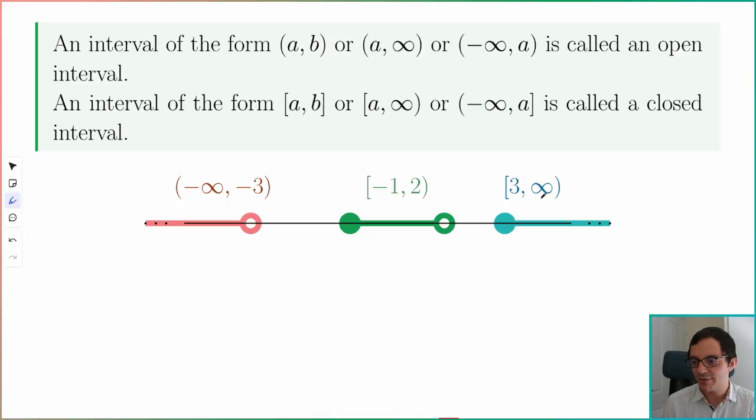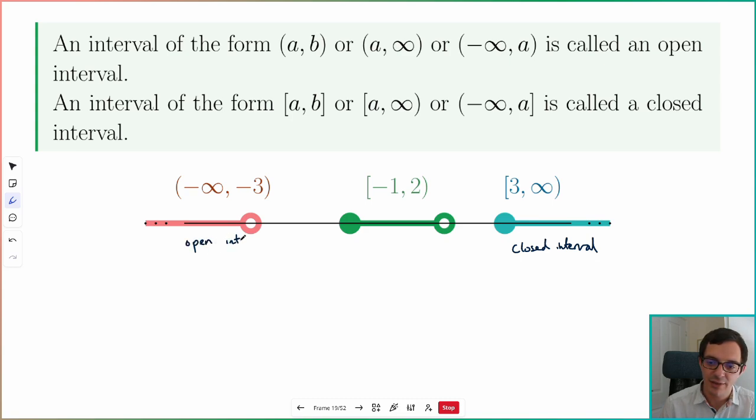So over here I have an example of a closed interval. That happens to be an unbounded closed interval. And over here I have an open interval that happens to be unbounded as well, but I could put minus 10 in here and everything's fine. And in the middle, I'm afraid this is neither closed nor open.